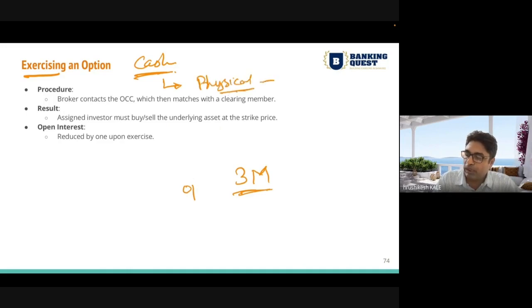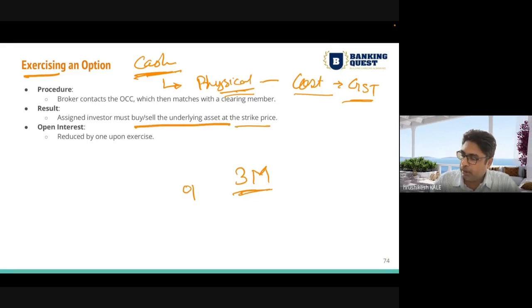But when you do physical delivery, you have to pay extra cost like GST and other things. So exercising an option can be cash settled or physically delivered. You must buy and sell the underlying asset at the strike price, and cash settled will happen at your exercise price or strike price.